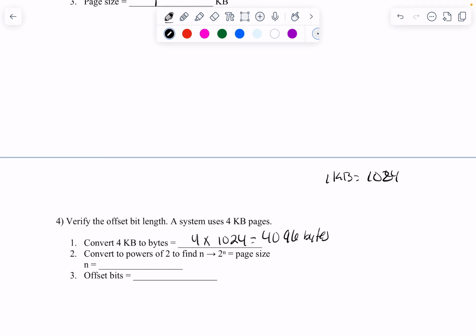To express this as a power of 2, that's going to be 12. So we're looking at 2 to the 12, which results in just being 12 bits. Again, offset's going to be 12 here.